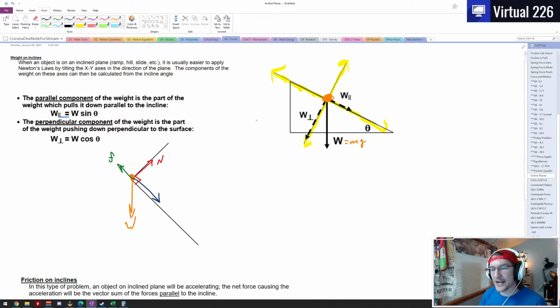And the way we can do this is actually pretty straightforward. If we take a look at the weight vector, we're going to use a little bit of geometry to show us how to do this. In this example down below, we tilted this up 45 degrees.